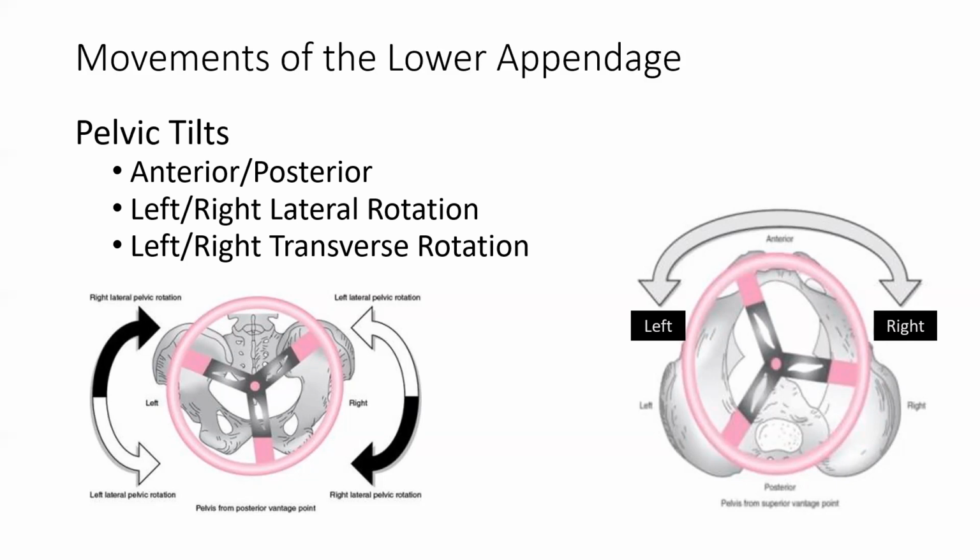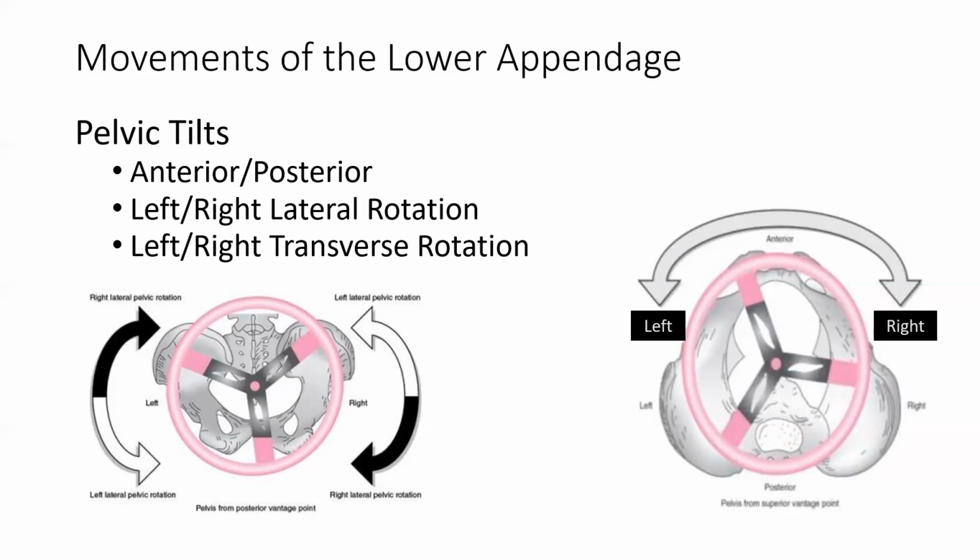With our left and right lateral pelvic tilts, a right lateral pelvic tilt is when the left side moves superiorly and the right side moves inferiorly, in the frontal plane. And left is the opposite. Left lateral pelvic tilt, the right side moves superiorly and the left side moves inferiorly in the frontal plane.